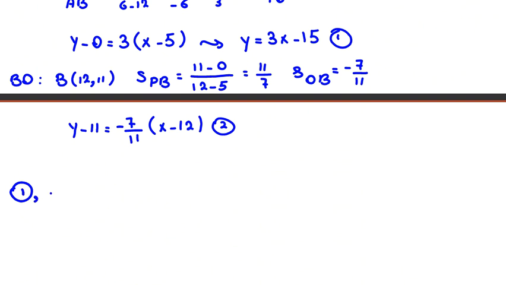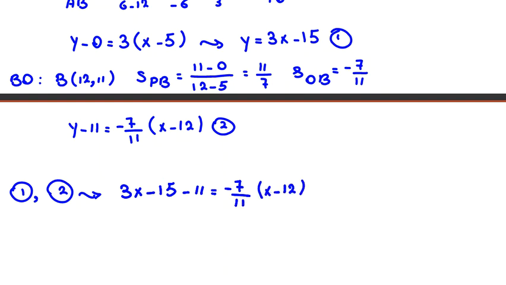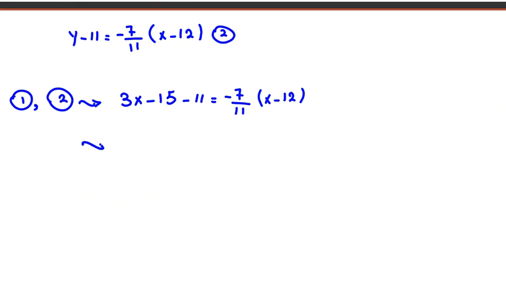Now I want to find their intersection to find the coordinates of O. So from 1 and 2, instead of y, we replace it with 3x minus 15, minus 11, equals negative 7 over 11 times x minus 12. So it will be 3x minus 26 equal to negative 7 over 11 times x minus 12.